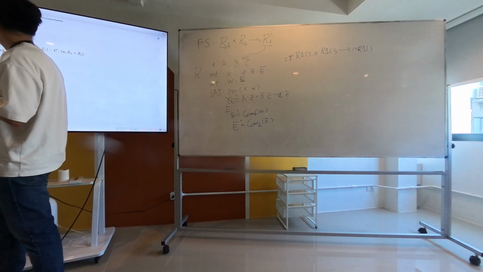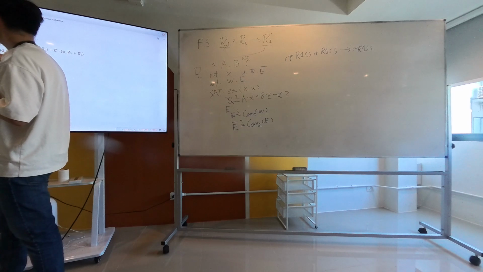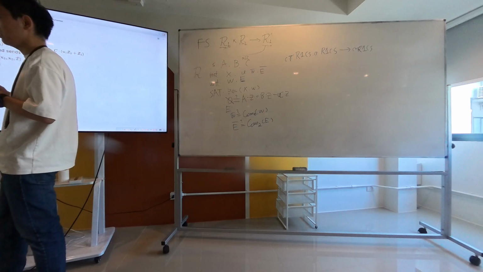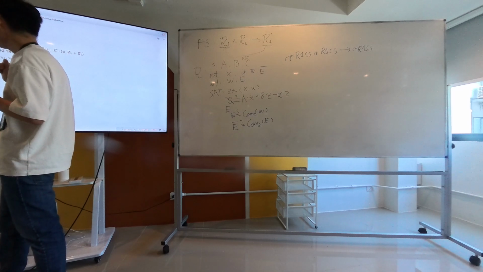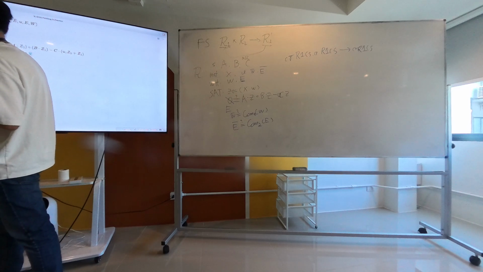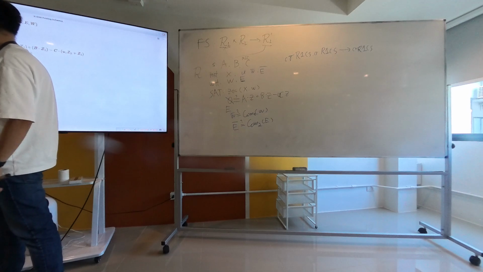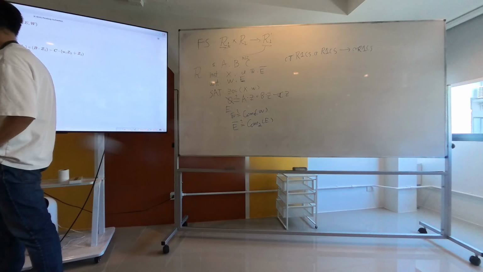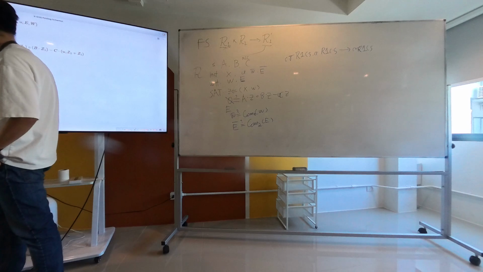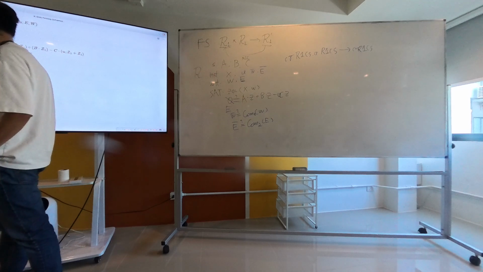So let's see the dominant part of the folding scheme verifier, and then we can find that there are two group scalar multiplications inside the verifier in NOVA.